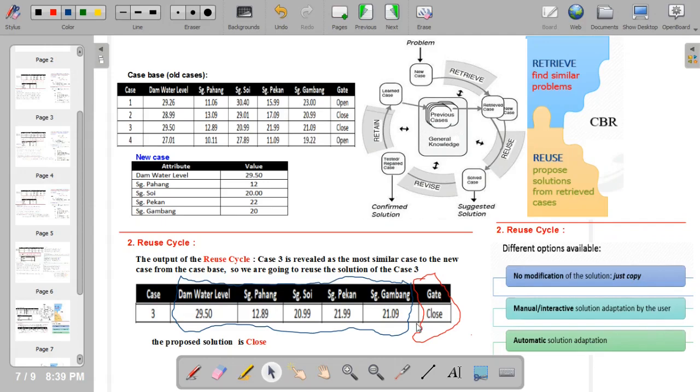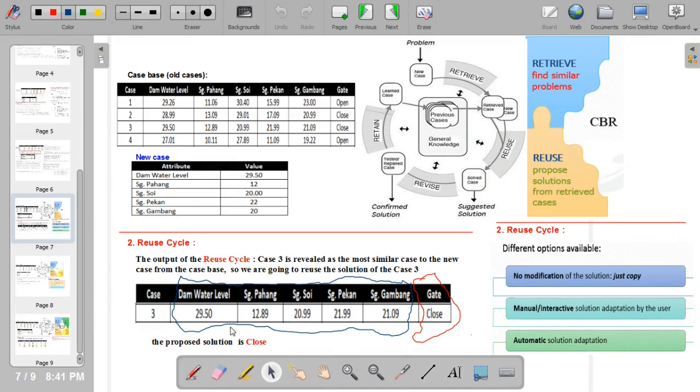So we cannot adjust. That's why the proposed solution, which is derived from the reuse, is closed, by just copying the solution of the retrieved case, which is case number 3, right?